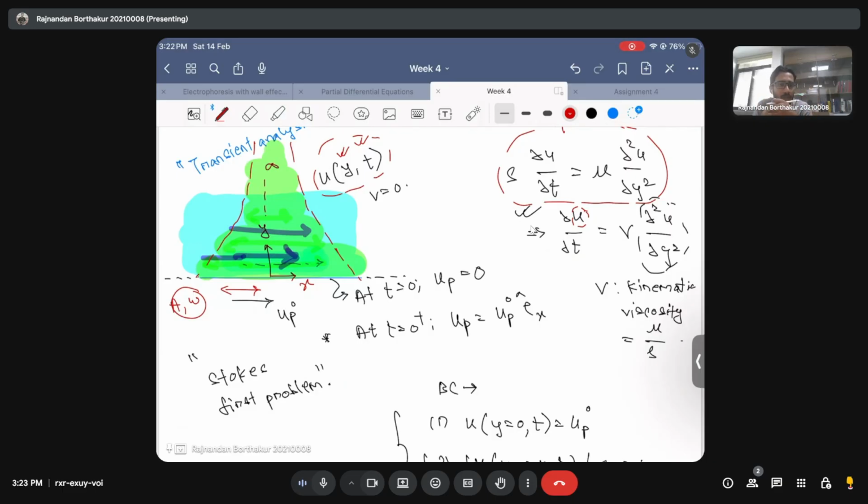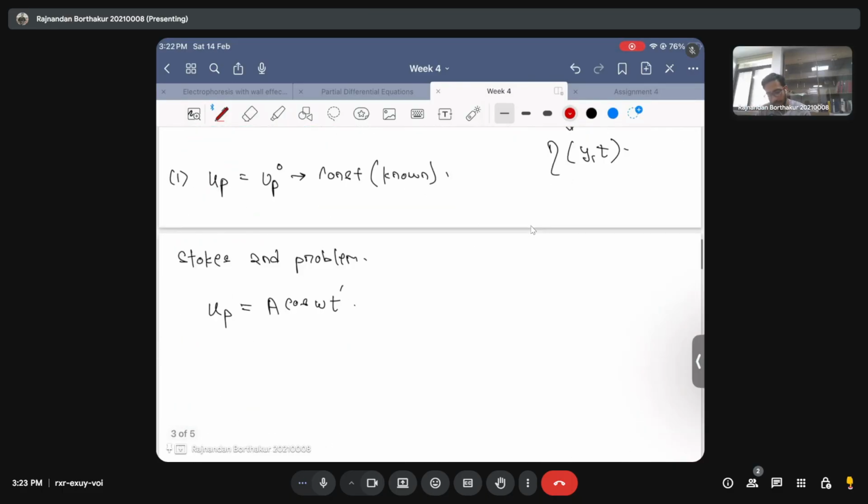In the Stokes first problem you used the similarity variable, but now you have a defined time scale in your problem: the plate oscillates with frequency omega, which means you have a time scale omega inverse, in which the disturbances propagate inside the fluid.